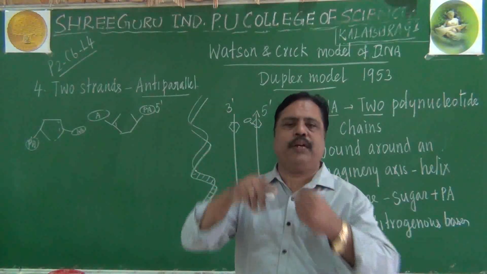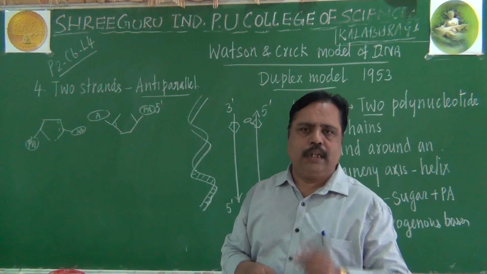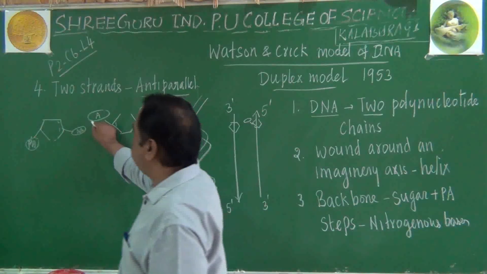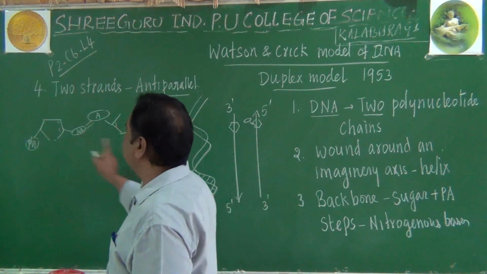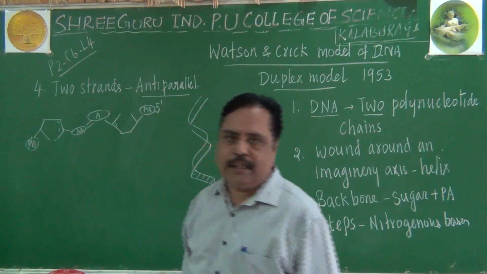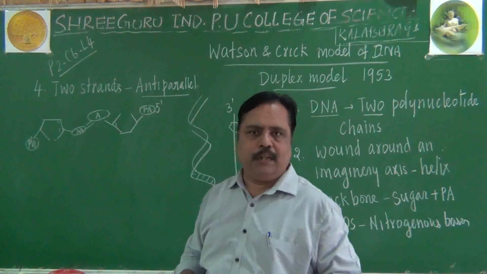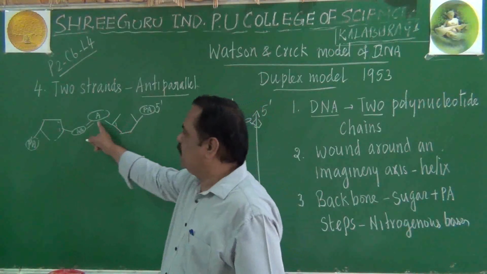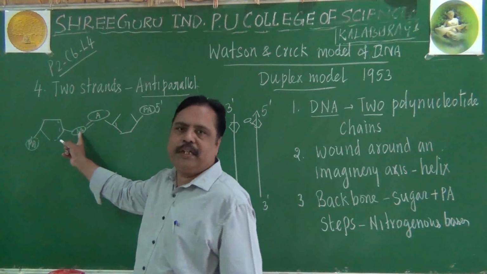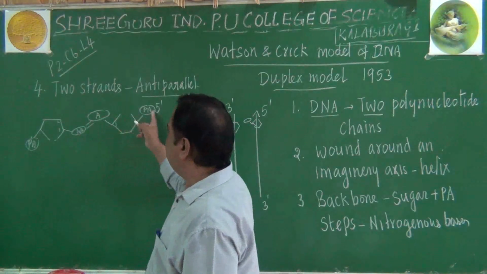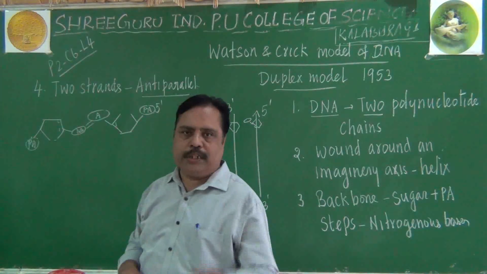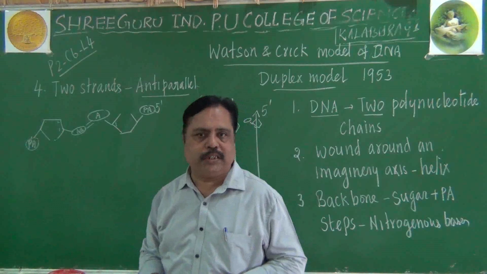What is the advantage of anti-parallelity? Nitrogen bases are brought closer to each other because of anti-parallelity. Imagine if both of them are facing upwardly, parallel, then this side the nitrogenous base, but this side phosphoric acid will come. Between phosphoric acid and nitrogen base, no bond formation is possible.